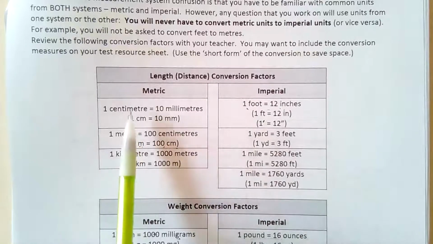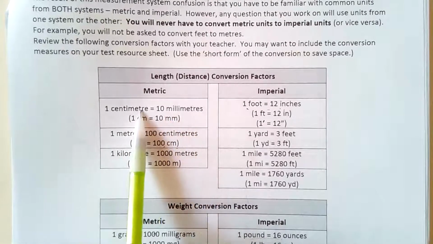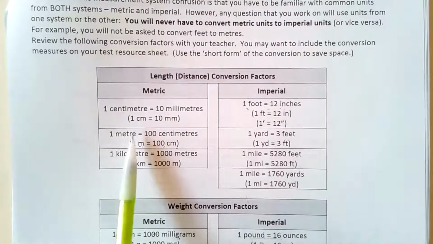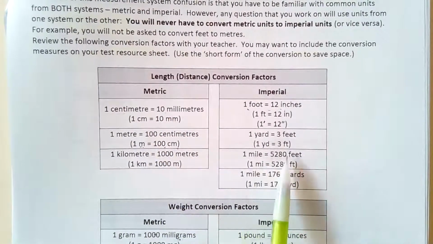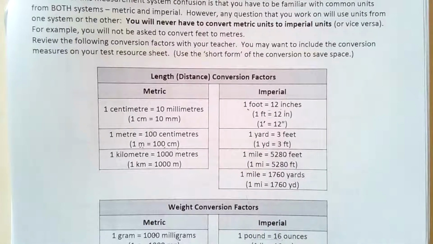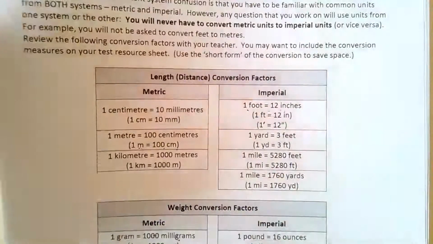Our conversion factor to convert centimeters to millimeters is 1 to 10. Our conversion factor from miles to feet is 1 to 5280. So that's fixed. That is just what you call a standard unit of measurement.